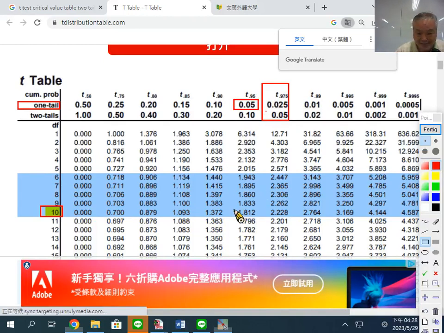That is here, 1.812. If the t-value is higher than 1.812, then the probability will be lower than 5%. Did you see that this is greater, right? And did you see the corresponding t-value? We want the p-value to be smaller and smaller, right? So this is the cutting point.